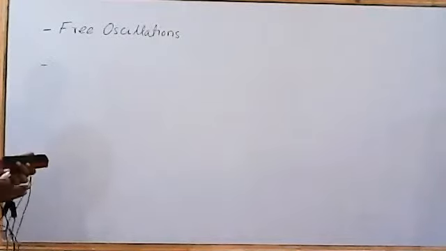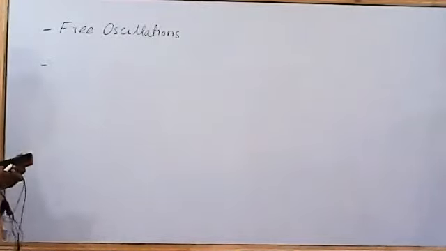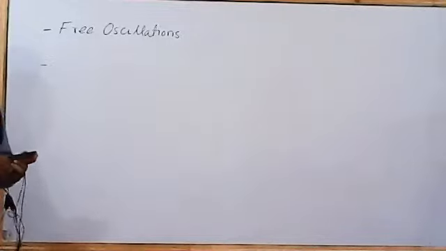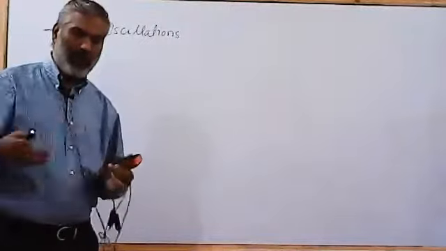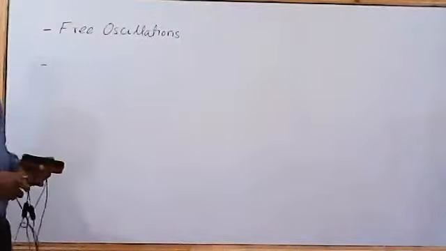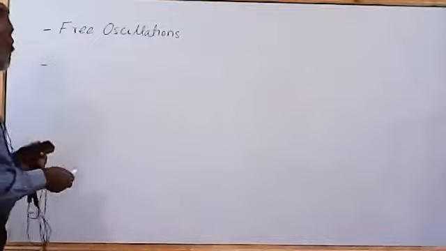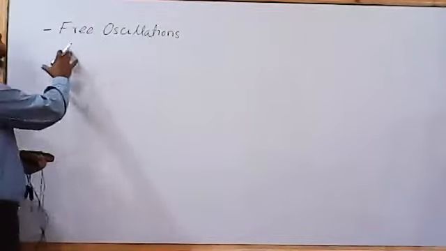But in actual practice, there are always some dissipative forces present, some frictional forces are present, some effect of air drag is playing its role. So oscillations are rarely free.